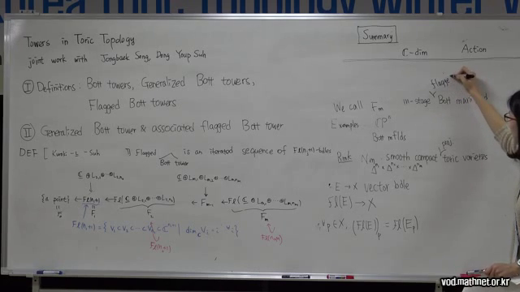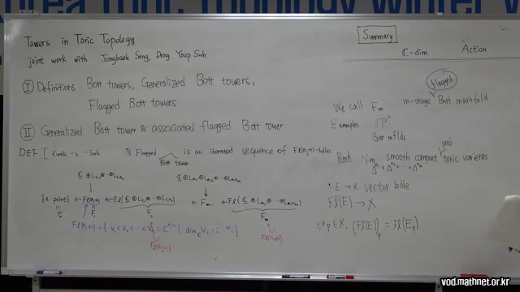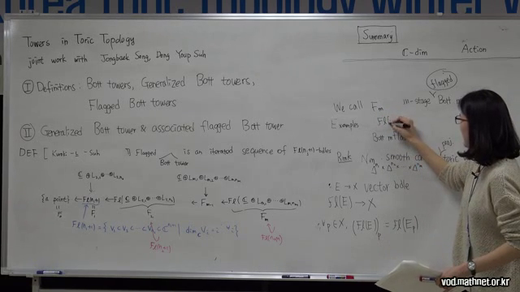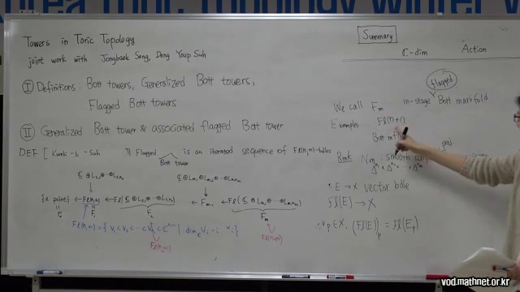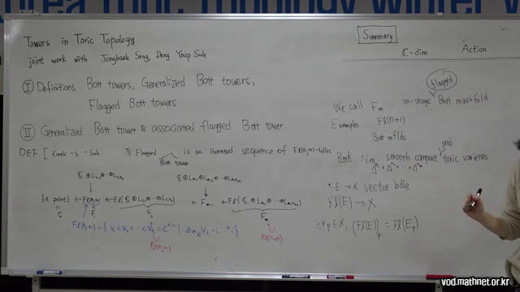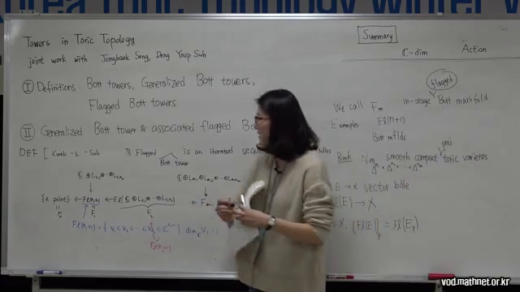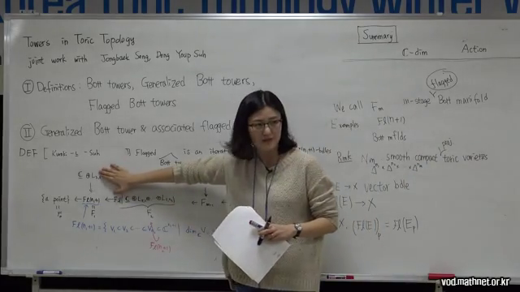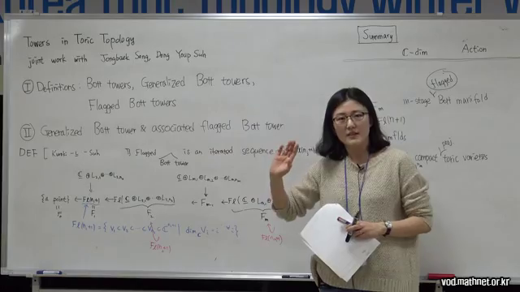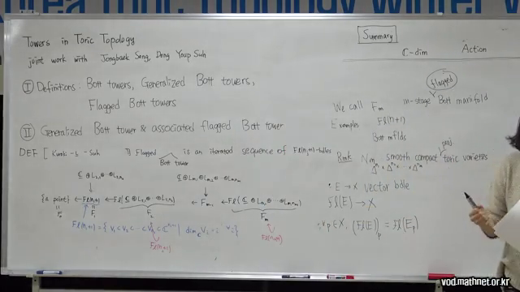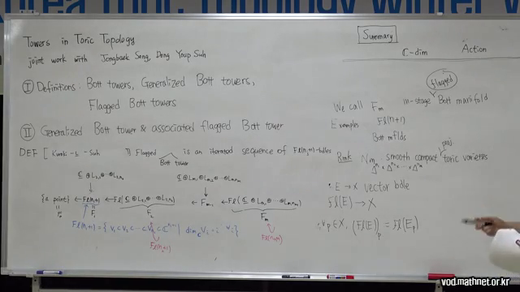This is our definition, flag Bott manifold, and there are some examples. Like CP^n, the flag manifold of C^{n+1}, is always a flag Bott manifold. And also, as you can see, if you consider just a sum of two line bundles and take the full flag on there, it is exactly the same as the induced projective bundle.